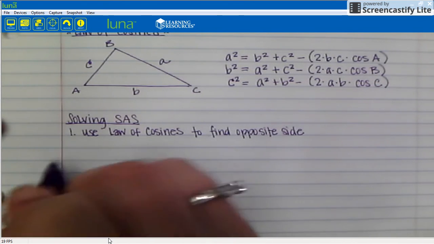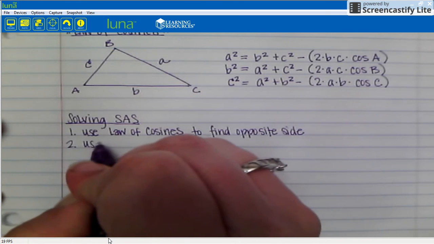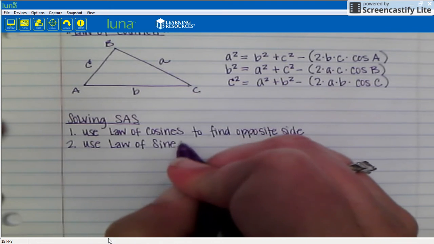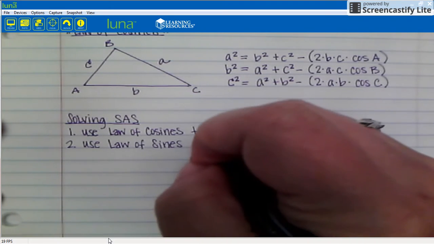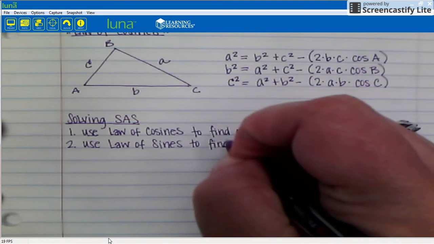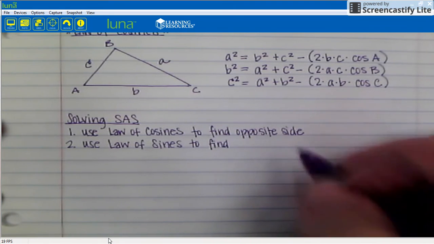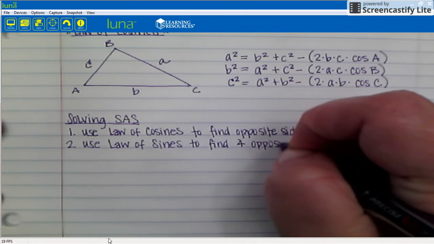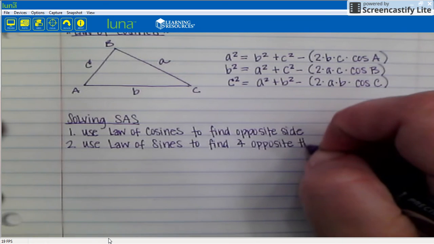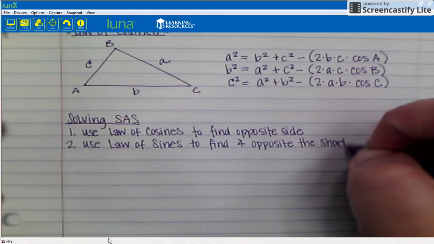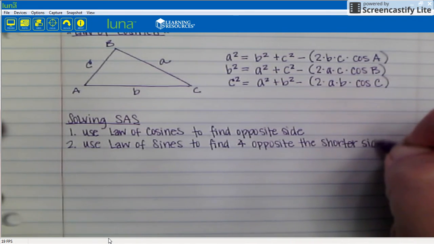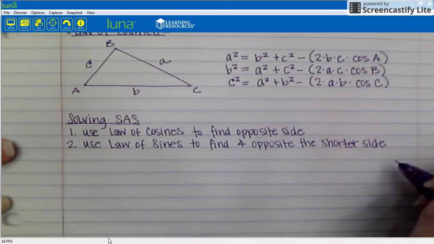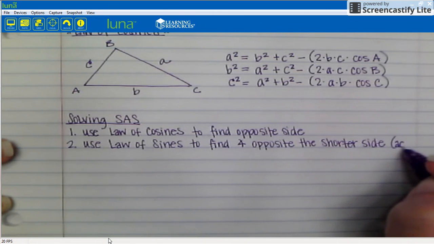Your second step is you use the law of sines to find the angle opposite the shorter side. This angle will always be acute.